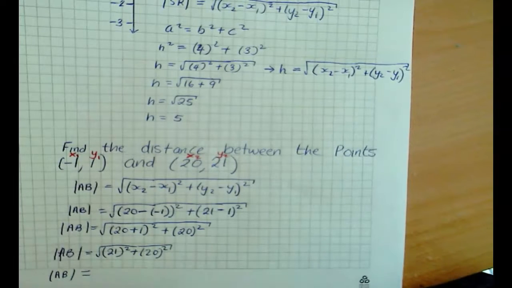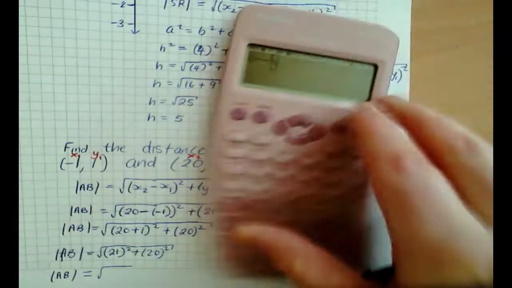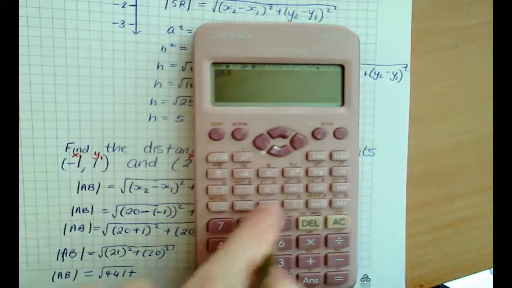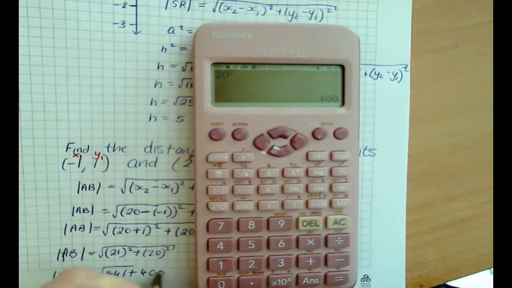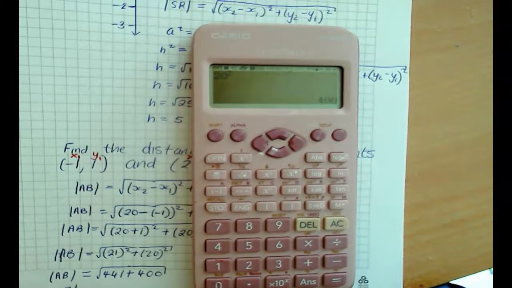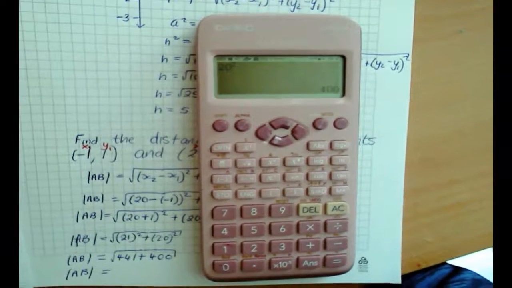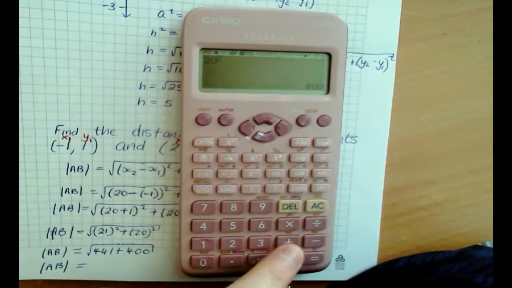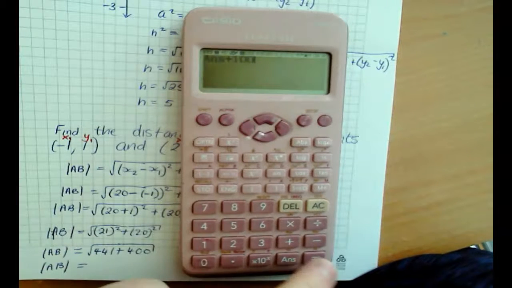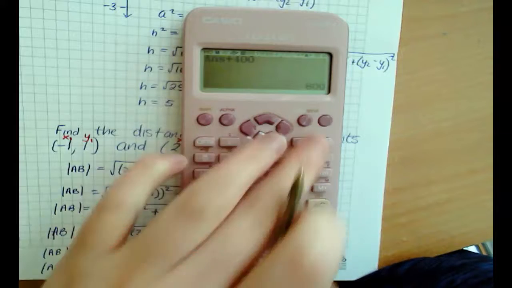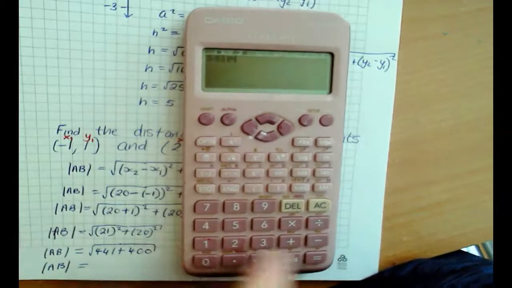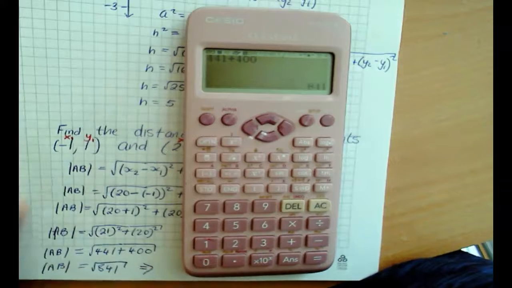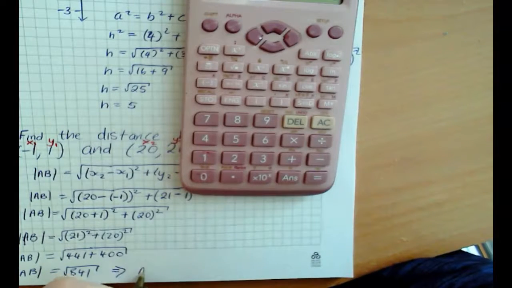AB is equal to the square root, so 21 squared then is 441, plus 20 squared is 400. 441 plus 400 is equal to the square root of 841, which then is equal to the length of AB.